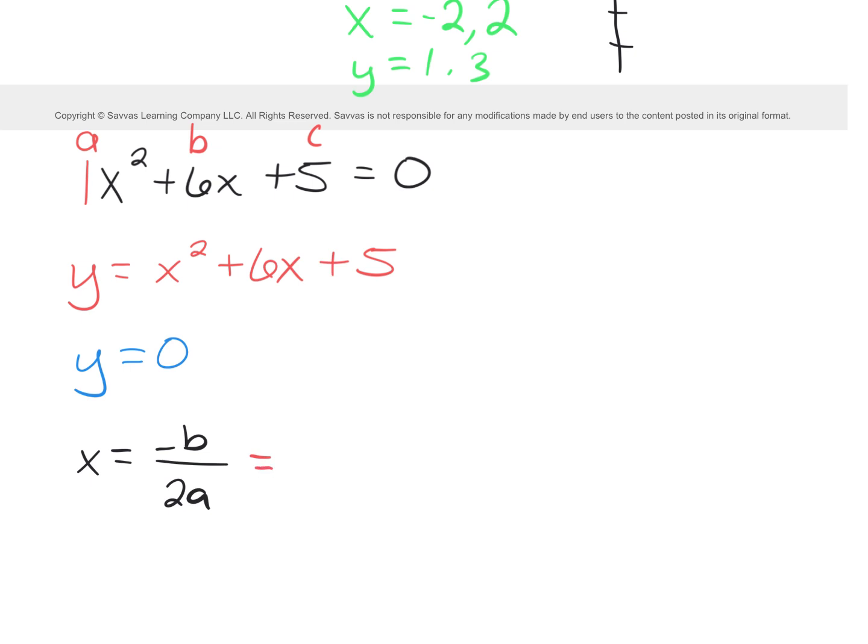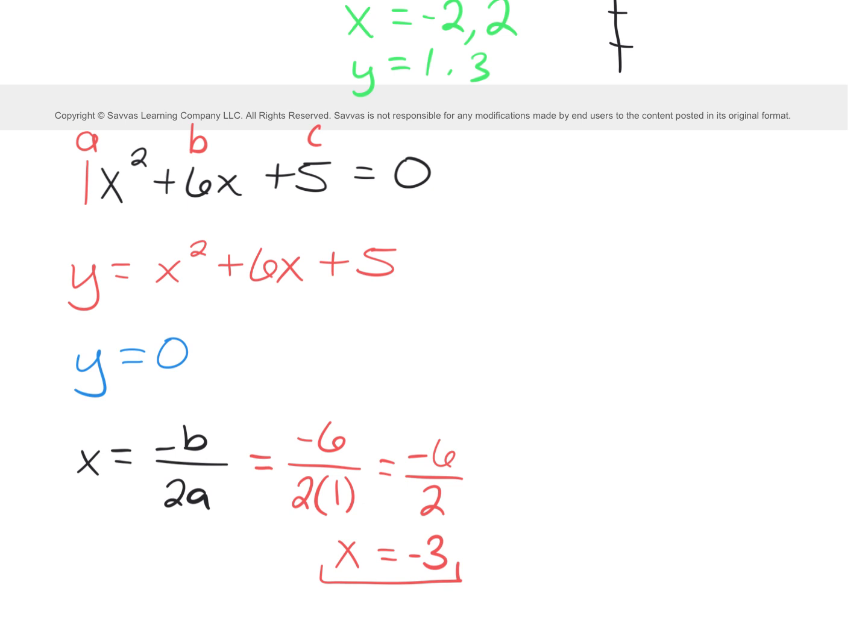So let's plug it into this equation here. What's my -b? B is 6, so the negative of 6 is -6. And then my a value is 1, so 2 times 1 is 2, and -6 divided by 2 is -3. Now, that's my x value.